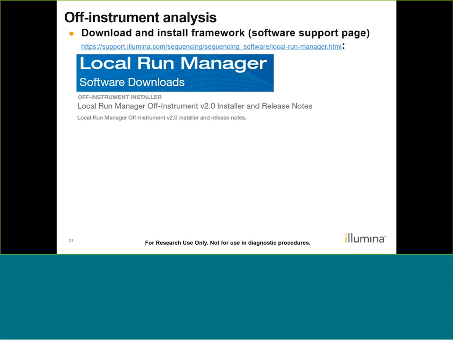Installing the framework does require full administrative access on your PC, along with the ability to install and run services. In many regulated environments, a regular user does not have these permissions. So please consult the software guide first to check the requirements and discuss with your IT department to make sure that you are able to install this software, or they may need to do it for you.